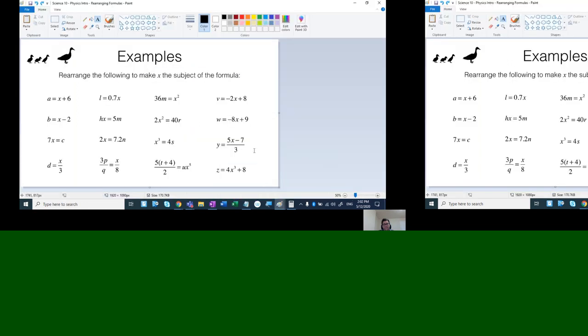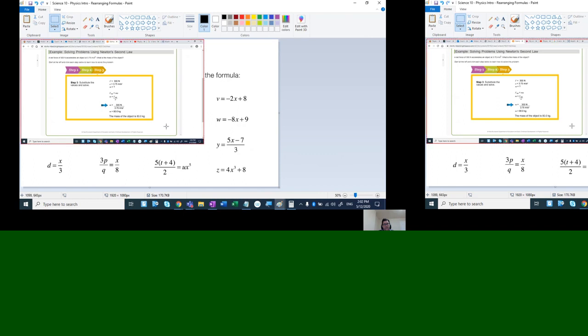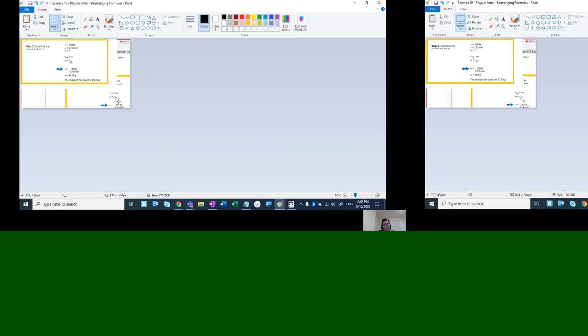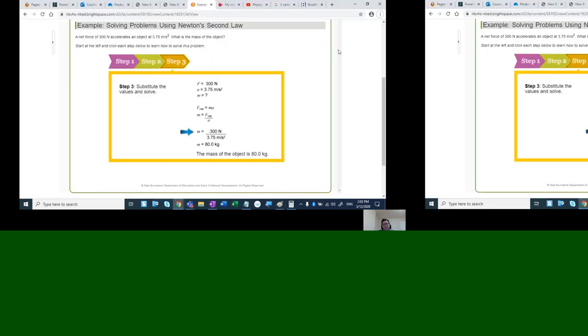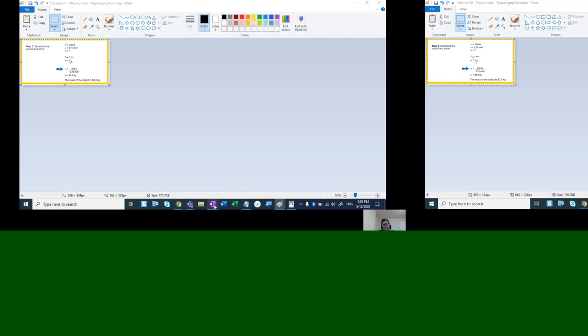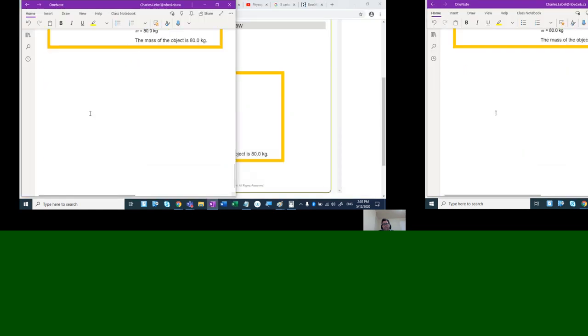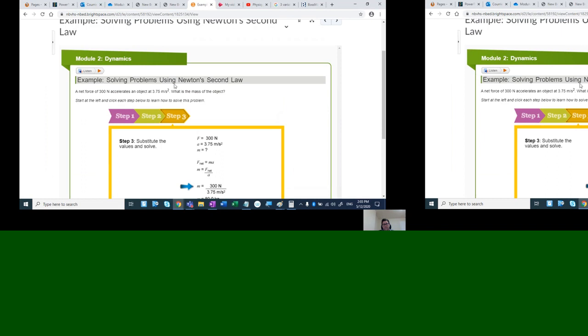All right. Oh, I don't even need to do that. There's this here, copy and paste. Paint is going to become my next best friend. Next.